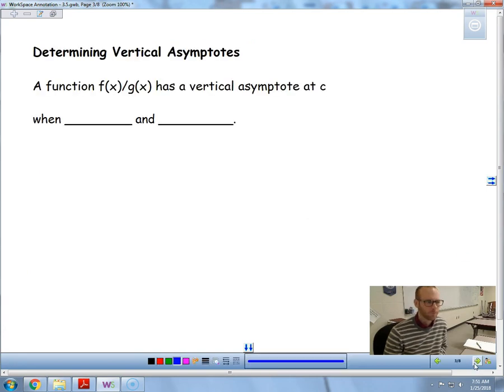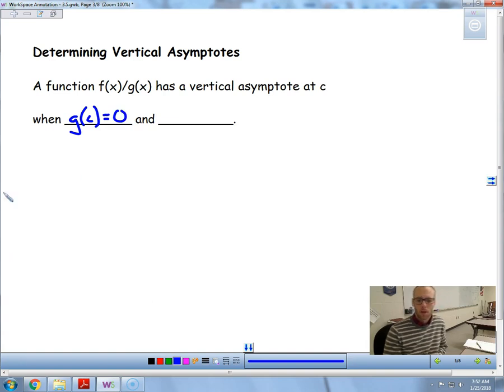All right. Okay. Let's just remind ourselves, quick review on how we find the vertical asymptotes. Each of the problems so far, I just graphed it, but let's just have a quick review here. A function f of x over g of x has a vertical asymptote at x equals c when, well, what do we have to be careful about? Dividing by 0, right? When g of c equals 0.